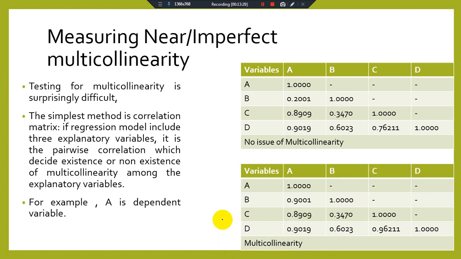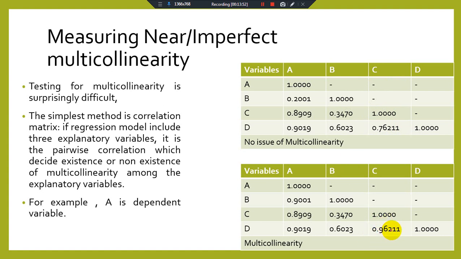So it is the correlation matrix which enables us to overview the existence and non-existence of multicollinearity among our explanatory variables. See, here there is not a strong correlation between our explanatory variables, so we can say that there is no issue of multicollinearity.